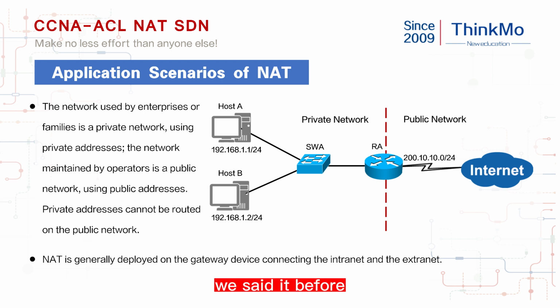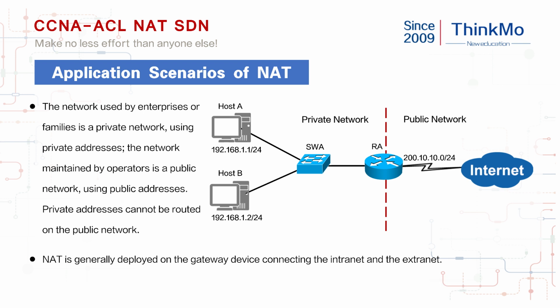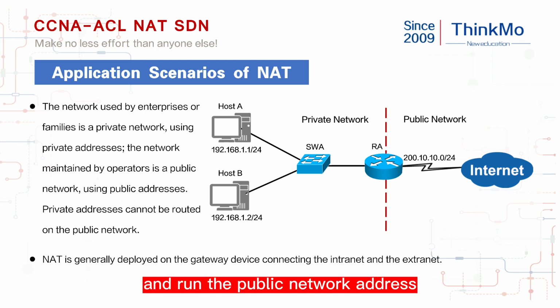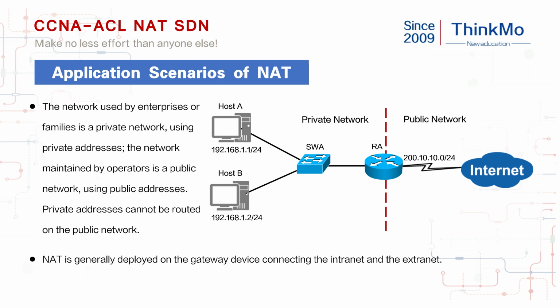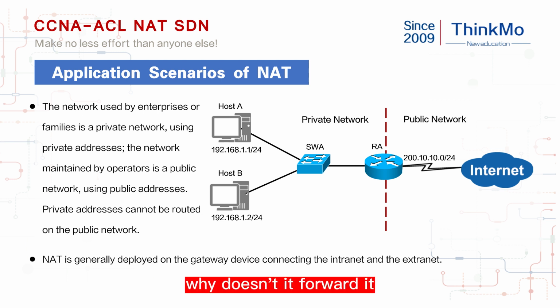We said before that we will use private network addresses internally, and run public network addresses on the public network. Everyone will have heard the sentence: private network addresses cannot run on the public network. The public network does not forward traffic from private IP addresses. Why doesn't it forward it?